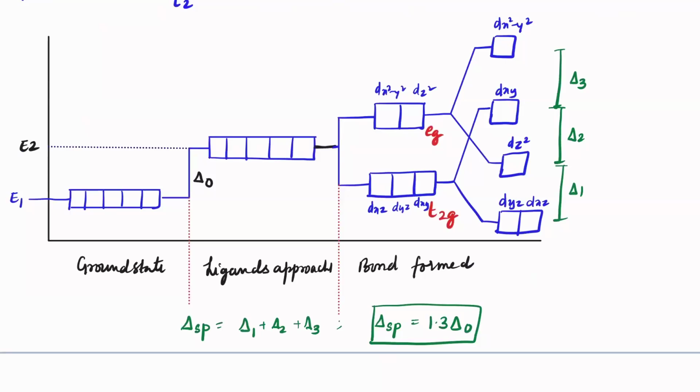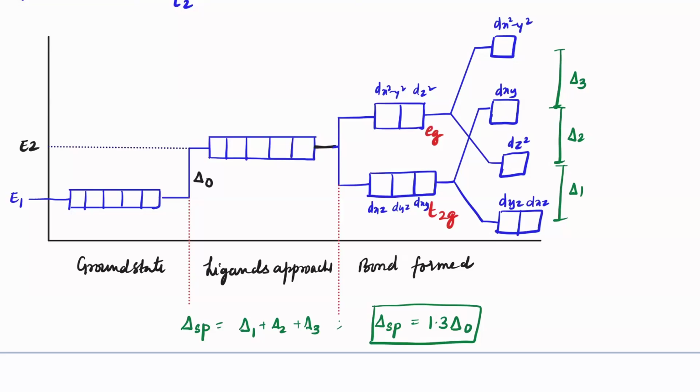So initially, when the ligands start coming from the axial direction, there will be a rise in the energy of the d orbitals due to repulsion. And then we can expect them to convert into T2g and Eg type of splitting.